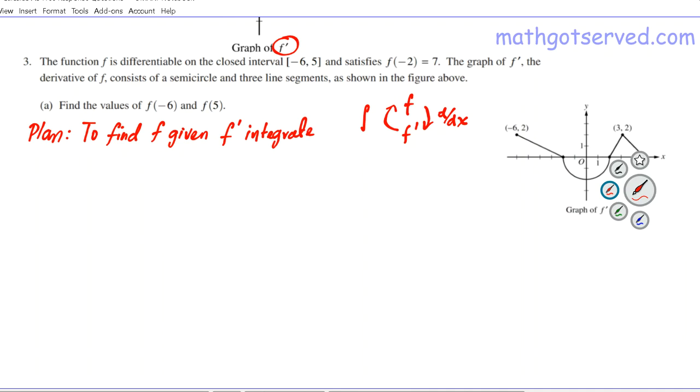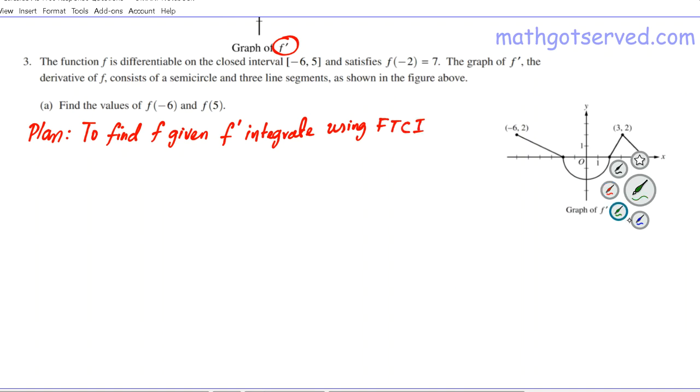Since we're given the points to be specific, we are going to use FTC1, okay? So to find f given f prime, we're integrating using FTC part 1. All right, so that's how it's going to work.